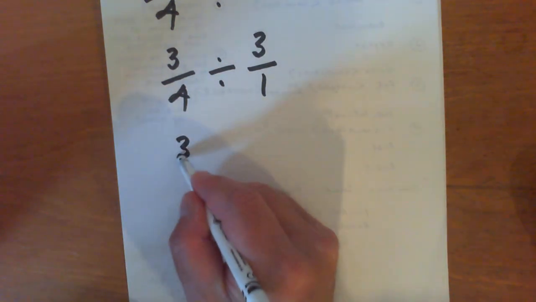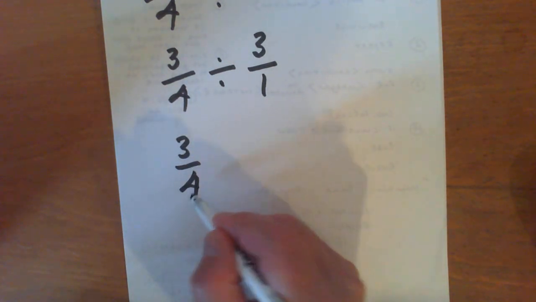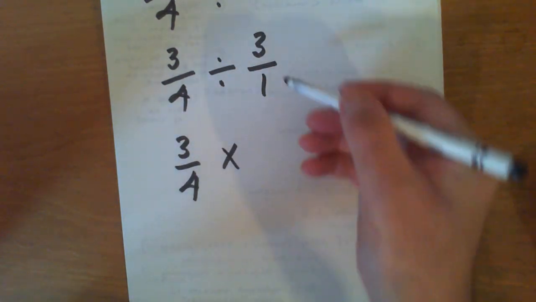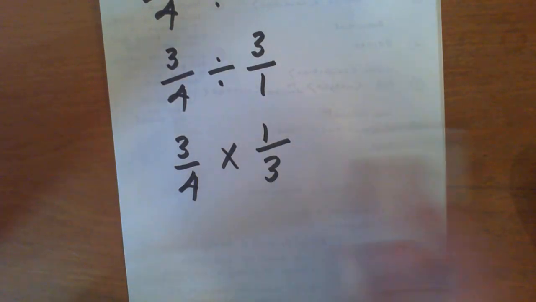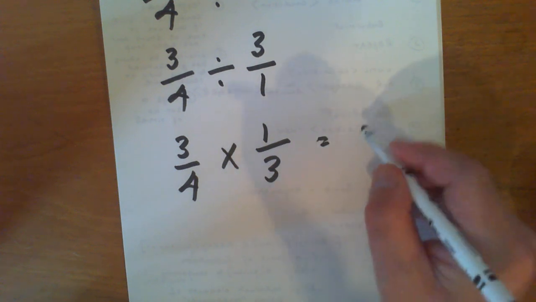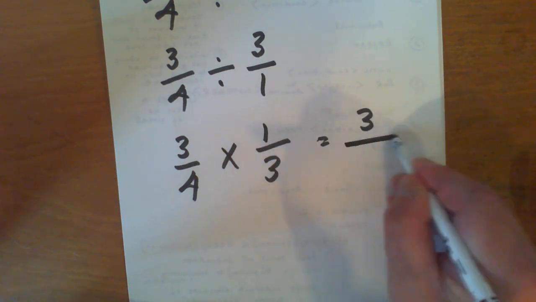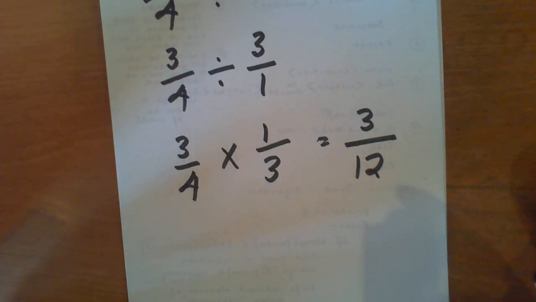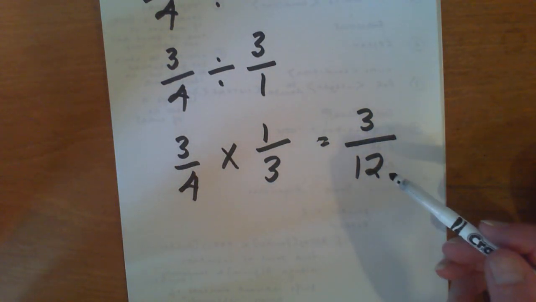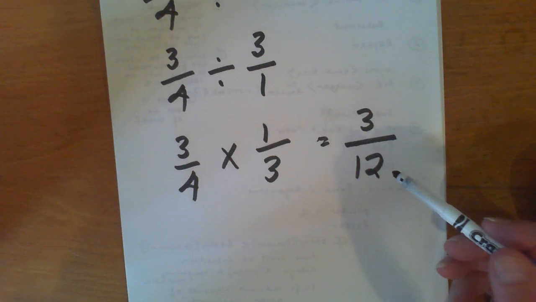And from then on it should be fairly straightforward. I write the first fraction down as it is, convert that to a multiplication sign, and I flip these over. And then multiply right across the top and multiply right across the bottom. So it'll give me 3/12. But looking at this, I can see that this is not in its lowest terms.